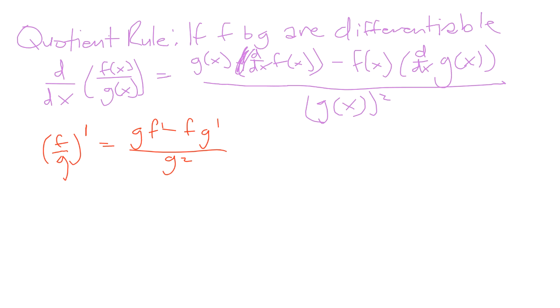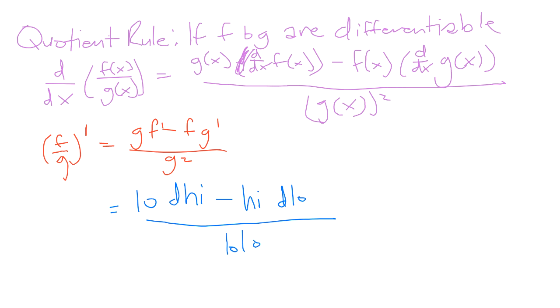Another good way is actually what my high school Cal teacher taught, and he put it in terms of saying that this equals low d high minus high d low, over low low, where low is our denominator and d is the derivative.